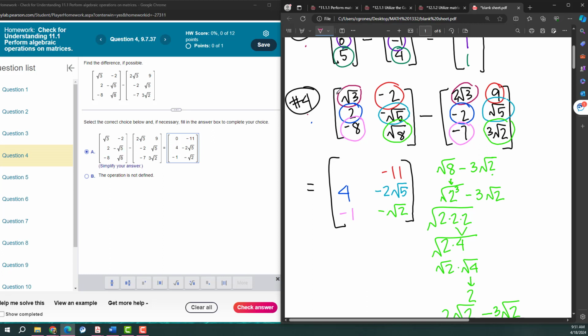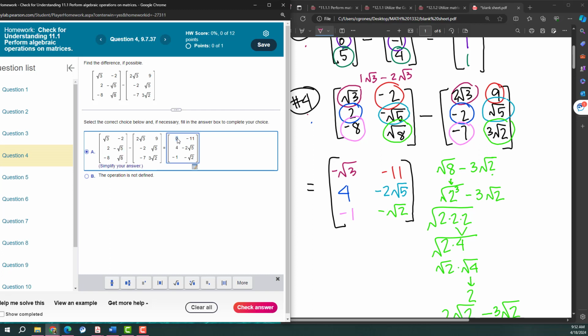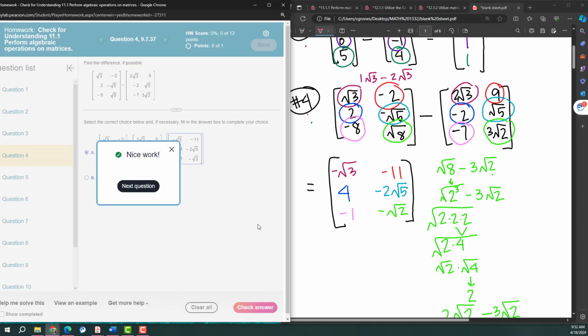So we basically have 1 square root of 3 minus 2 square roots of 3. So 1 minus 2 is going to give us a negative 1 square root of 3. So the only one that we had incorrect was this first piece. Awesome.